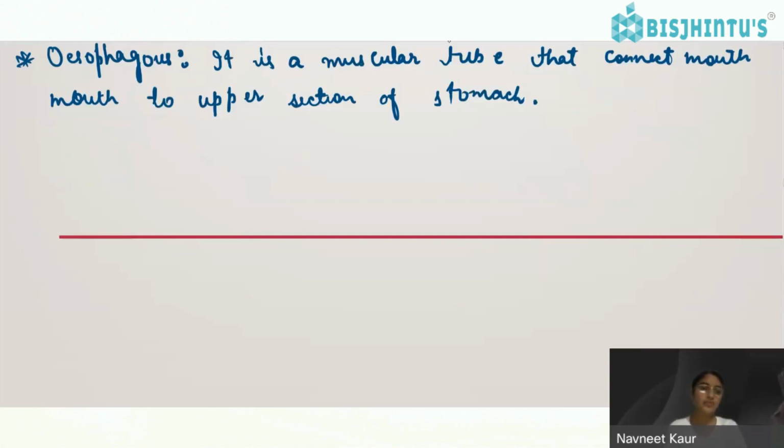The main function of the esophagus is obviously to connect the mouth to the upper section of the stomach and transport the food from the mouth to the stomach.